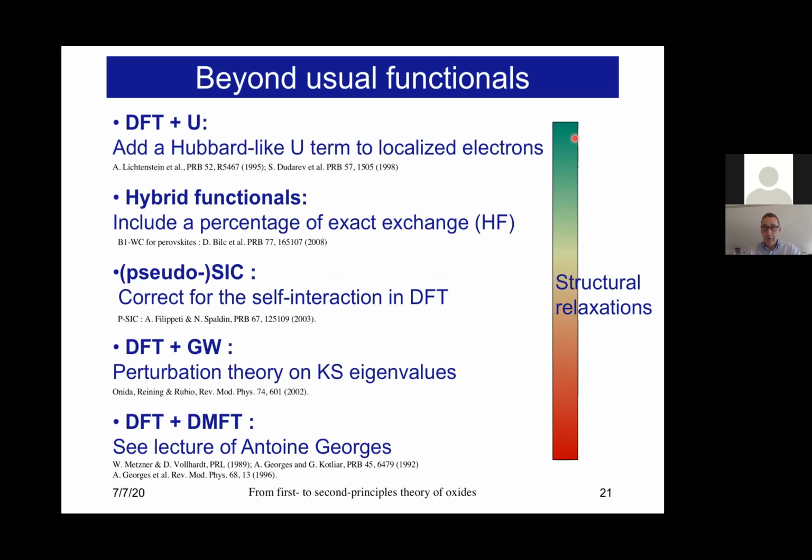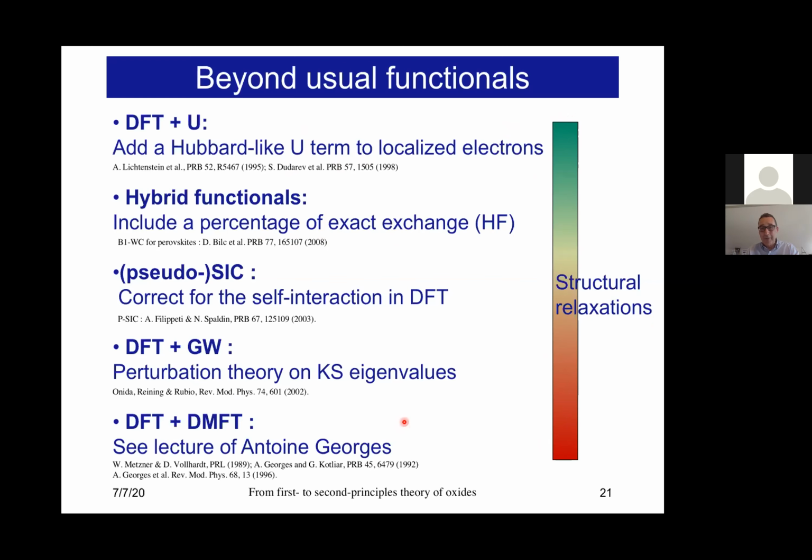realistic. What you have to realize is that when you go from basic DFT to more complicated approaches, it becomes more and more difficult to do structural relaxations. I would say in GW or in DMFT, it's not so easy to define an energy for your system.